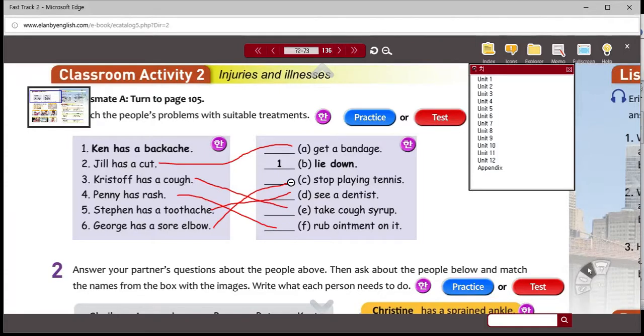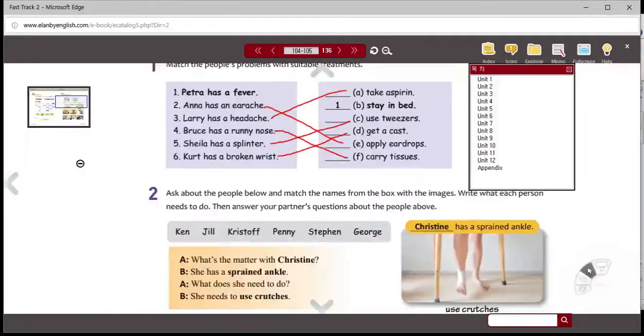Okay. All right. And for student A, these should be the treatments for these problems. You got these 6 people who have these problems. So Petra has a fever. She should stay in bed. Anna has an earache. She should apply eardrops.